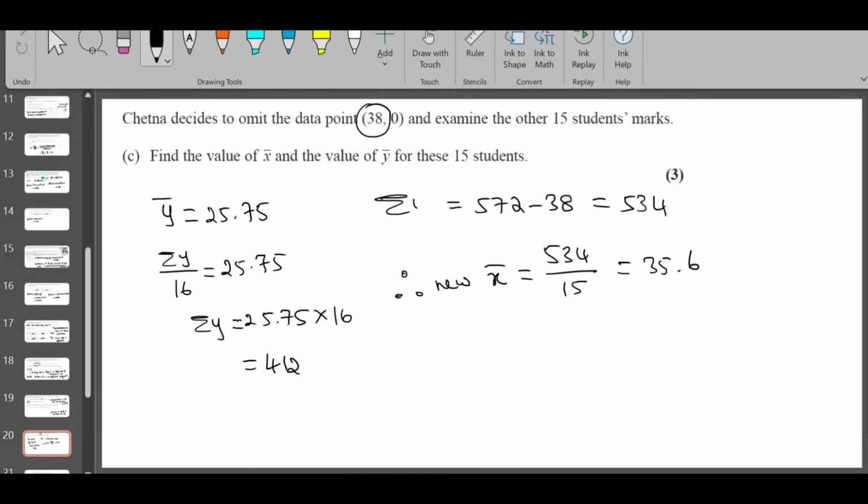Now new sigma y is going to be 412 minus 0, because this student scored only 0. So that's going to stay the same. Therefore, new y bar will not be the same, because now we are going to divide by 15 instead of 16.